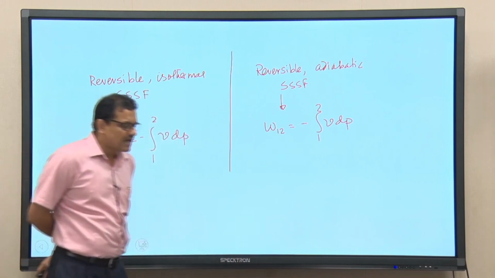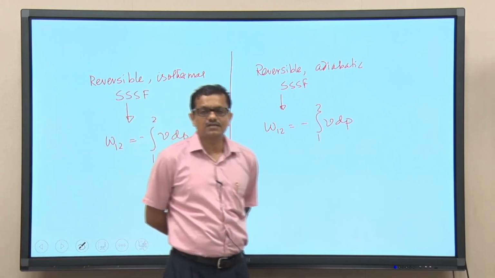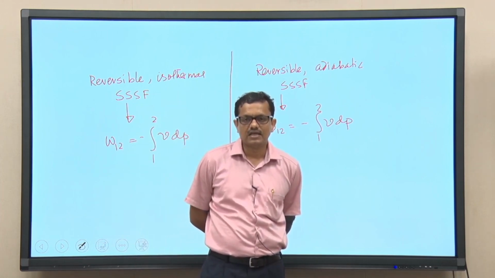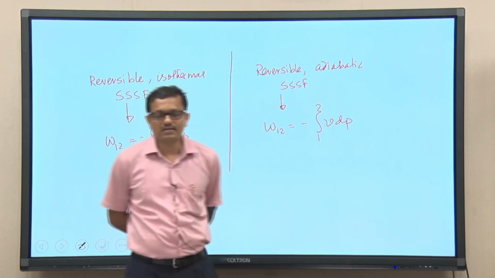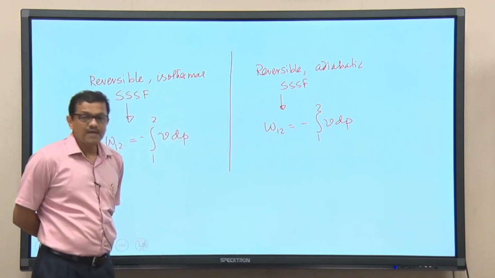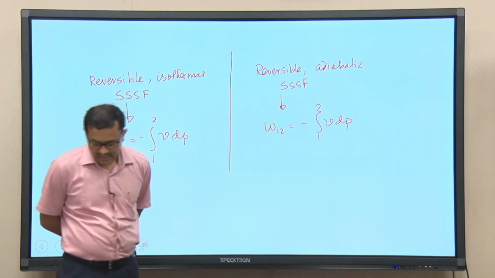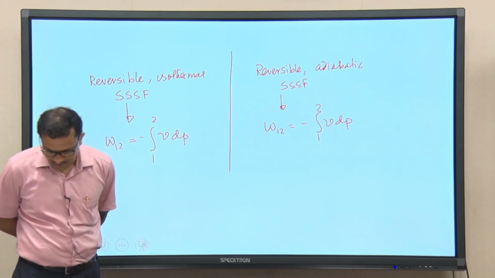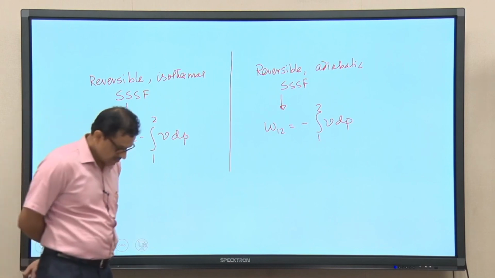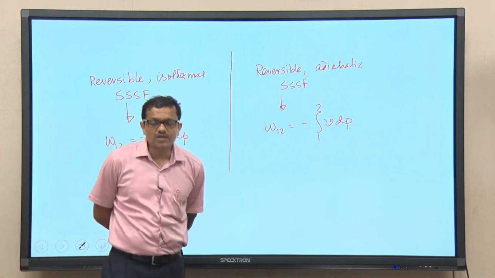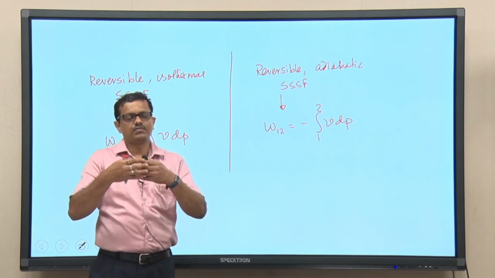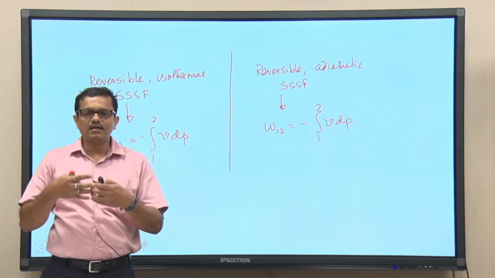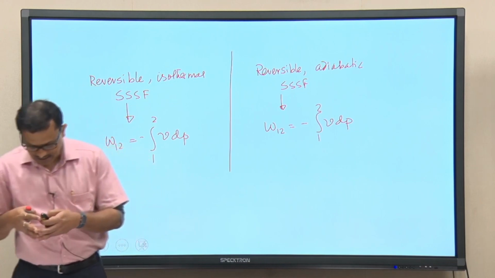Basically you know that for a reversible steady state steady flow process, the expression of work done is the same. It indicates that any reversible steady state process can be reduced to a series of alternate reversible adiabatic and isothermal processes.